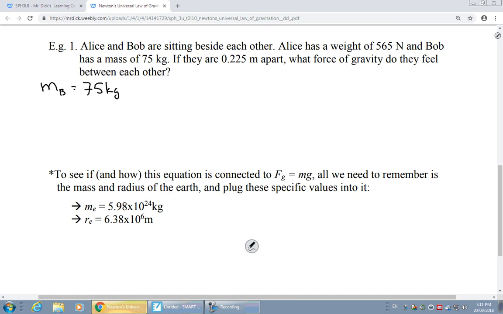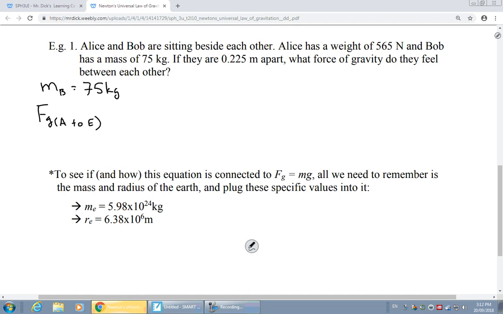And then we have to be really careful with Alice's situation, because I'm being a little extra tricky with you in this question. I'm not actually giving you Alice's mass. The wording, remember, says it's her weight, and you'll notice that it's given in newtons. And so what I'm actually giving you there is the number of newtons of force that Alice would feel from gravity just here on Earth. So essentially, that weight that's being given, remember, weight is a force of gravity, but I'm going to put a little bracket to my subscript, because it's the gravity that is felt between Alice and the Earth, or in other words, from Alice to the Earth.